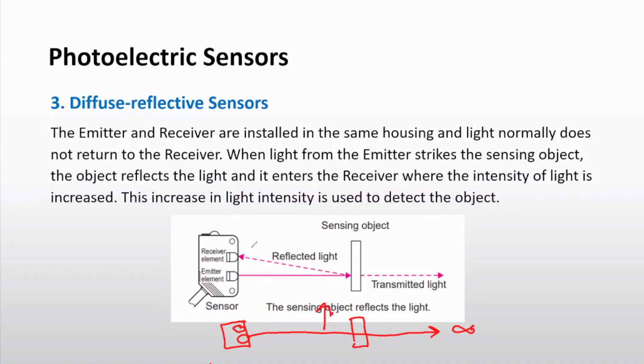So now you can compare and contrast them with the previous photoelectric sensors.